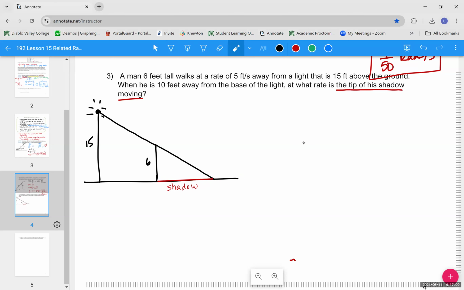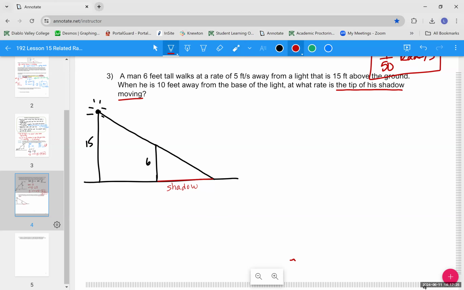It did not say the length of the shadow. If it said the length of the shadow, then we would want to label this as X or Y because we want to know how this is changing. But if it's the tip of the shadow, all I'm interested in is how this point is changing, which means I need to measure it against a fixed point.